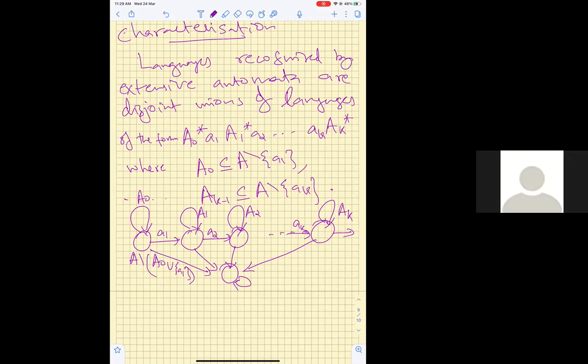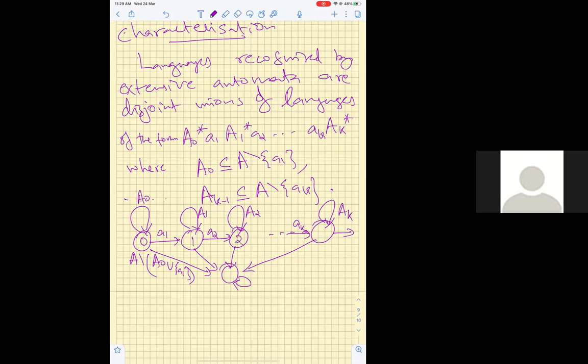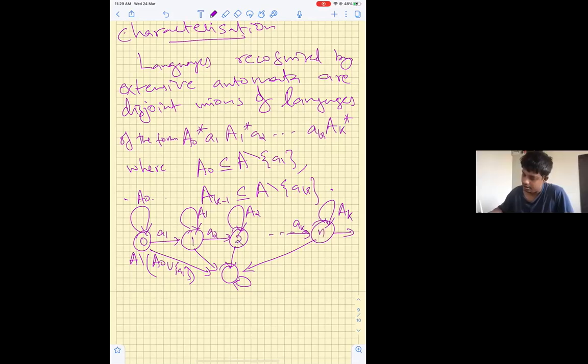The non-looping edges give the partial order. So if I put the states as 0, 1, 2, 3 up to k and k plus 1, we get an ordering of the states.